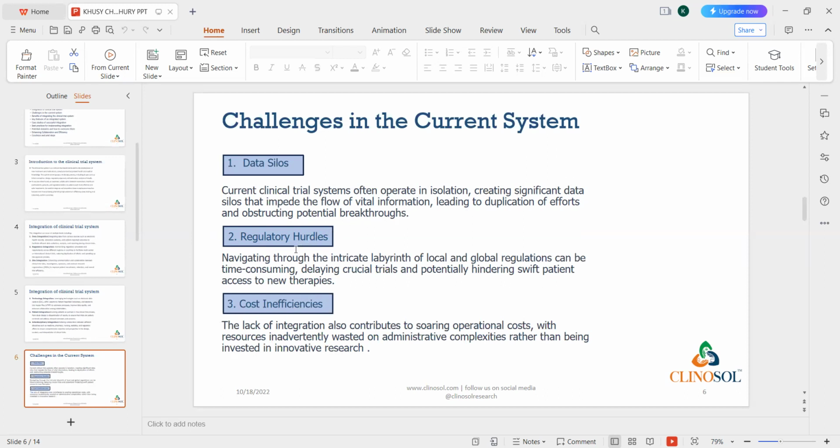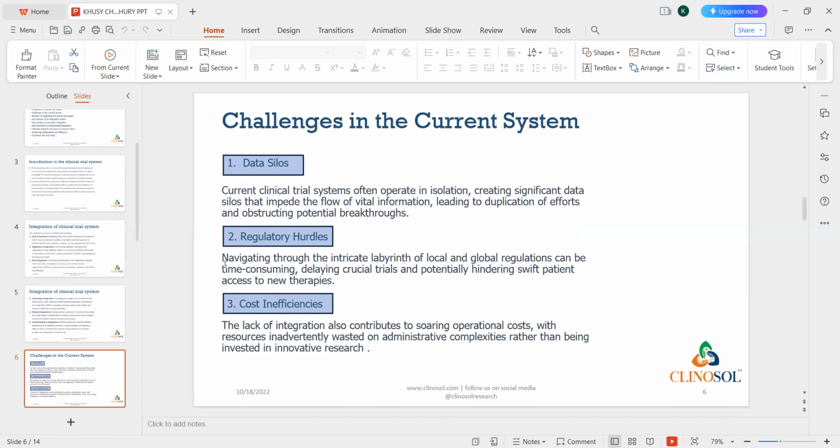By addressing data silos, organizations can unlock the full potential of their data assets, drive informed decision making, and gain competitive advantages. Regulatory hurdles.